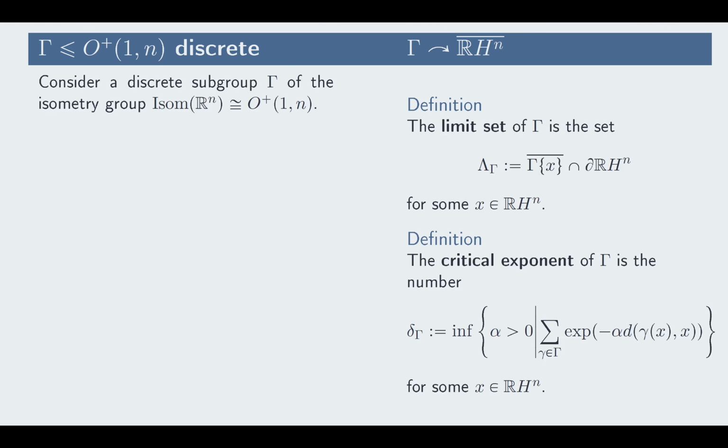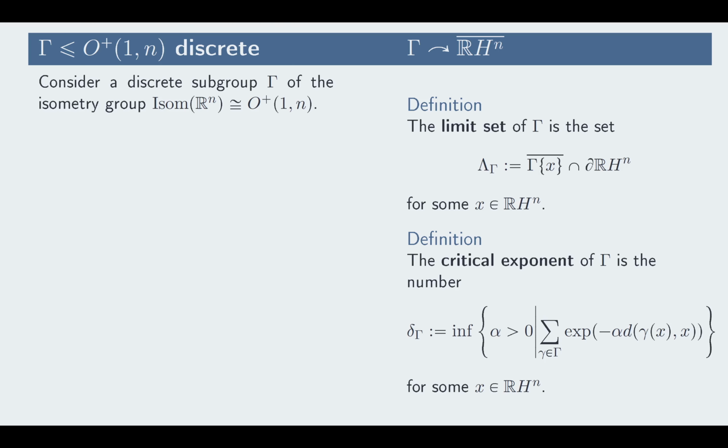If this sum is less than infinity, then this series converges. I will take all alphas such that this series converges, and I will take the infimum of that. That number, that infimum, is delta gamma. The series might converge or diverge at this delta. This is called the critical exponent of gamma.